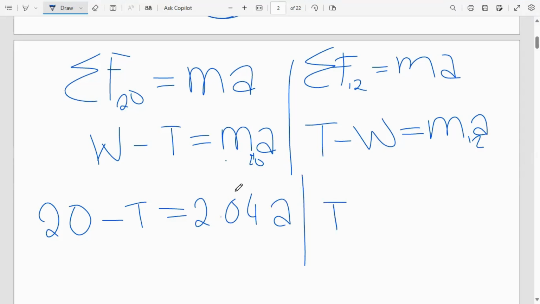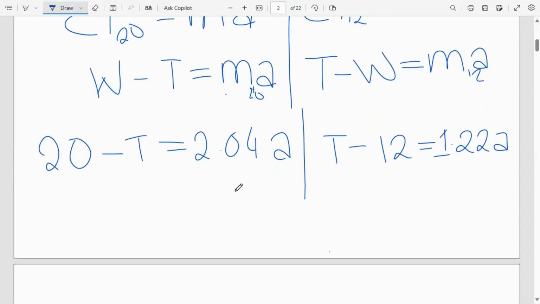On the other side, we have tension minus the weight, which is 12 newtons. This will be equal to the mass of this object, which is 12 divided by 9.81. This gives me 1.22, times A.